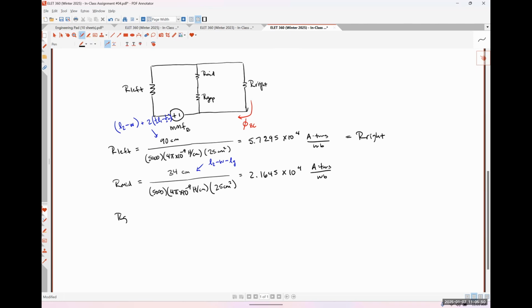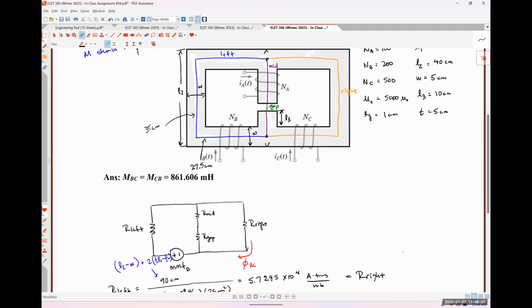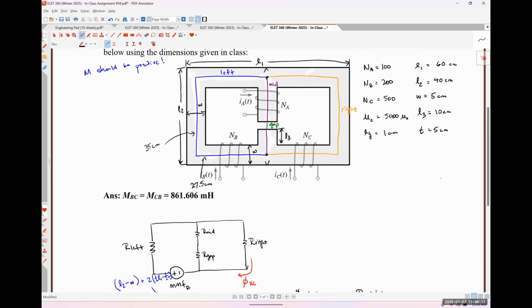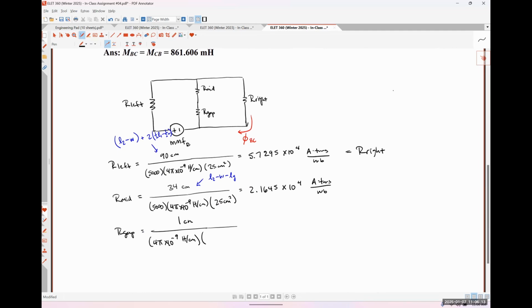And for my gap, length is 1 centimeter. My permeability is 4 pi times 10 to the minus 9 henries per centimeter. And my area is going to be 5 plus 1 times 5 plus 1, so that's going to be 36 centimeters squared.